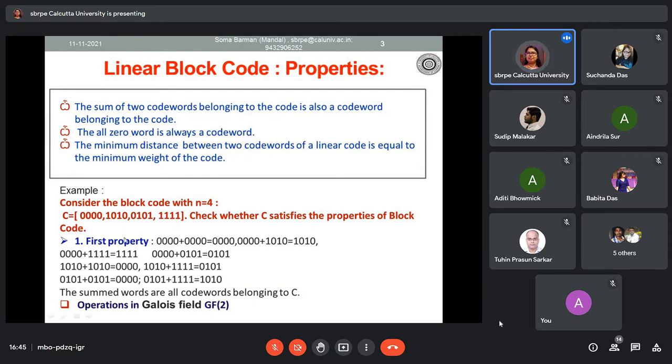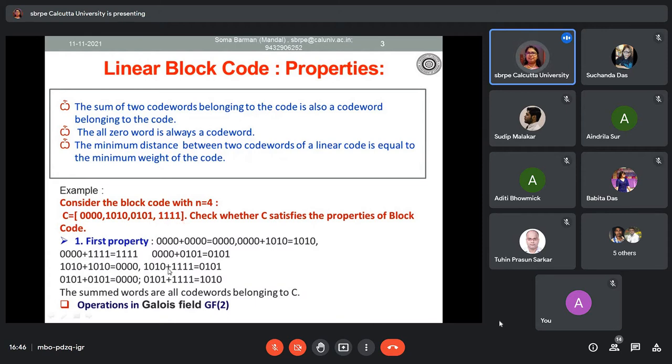If I add any other code word, suppose you add 1, 0, 1, 0 with 1, 1, 1, 1.